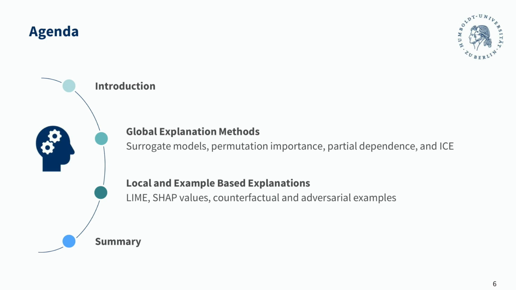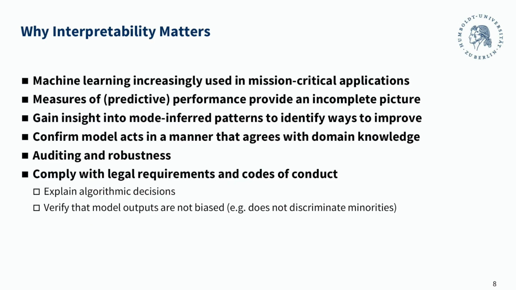But let's first of all remind ourselves about interpretability and its importance. I've compiled this slide to just note down some of the points which I think we have touched on in past sessions, why we care about interpretability.